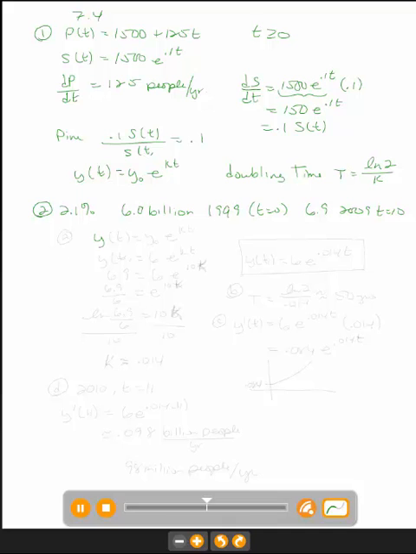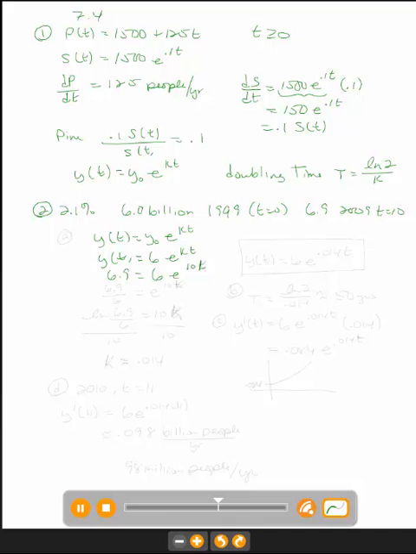So we're going to start with our basic function. The initial population at t equals 0 was 6 billion, so this turns into y of t equals 6 billion e to the kt. Then we use our other year, 2009, to figure out what k is, so we put in 10 for t, and it gives us 6.9 equals 6e to the 10k.